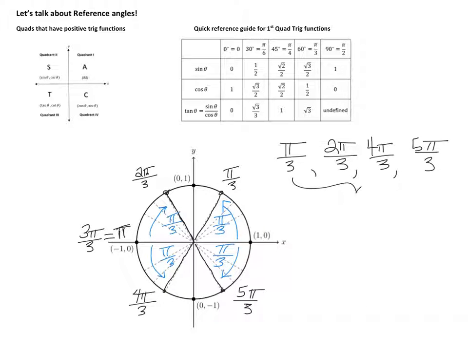They all have in common that they're over 3, and their reference angle is pi over 3. It's just whatever the denominator is, that's a little hint. And if it helps to see them shaded, we have pi over 3. You start at pi and you go backwards. There's that reference angle. These are our reference angles.